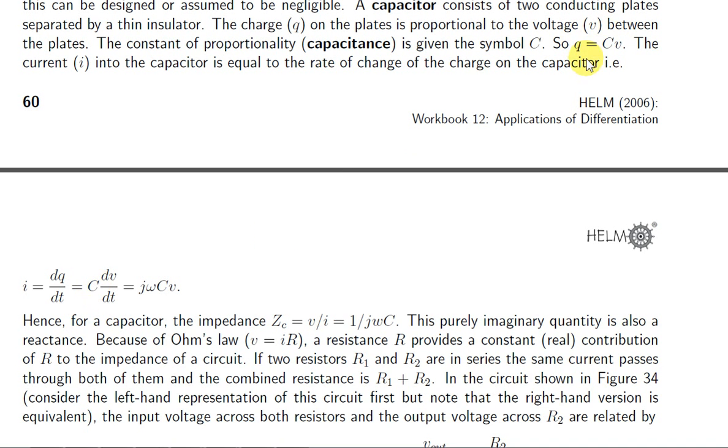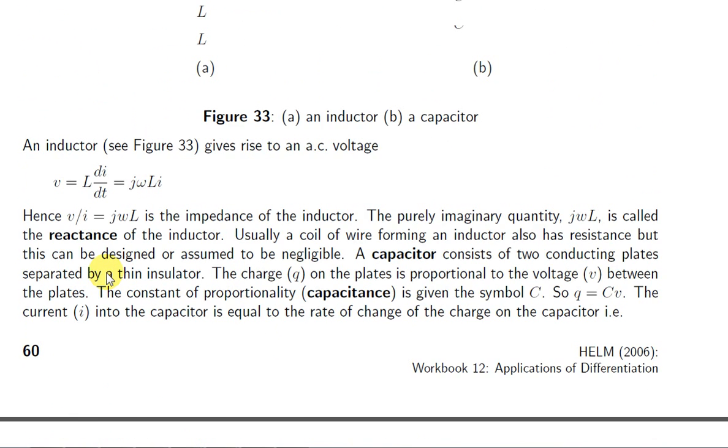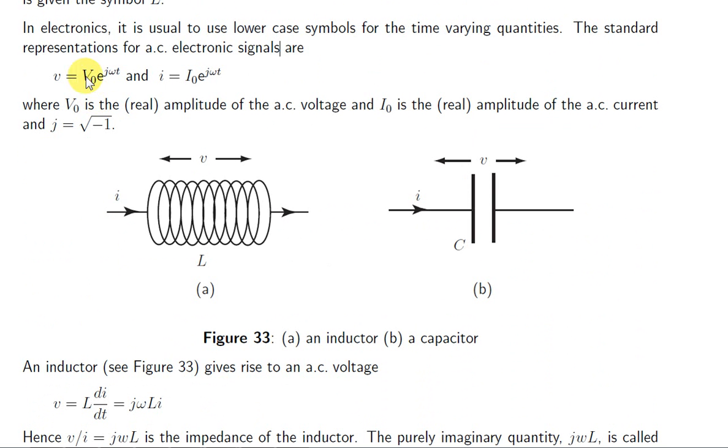So when we differentiate the right hand side, we just leave the constant C to the side, and then we look at dV/dt. Well, here's our formula for V. If we differentiate this with respect to time, we just get it back. It's an exponential. But then by the chain rule, we differentiate the power to get j omega. So we get j omega V0 e to the j omega t.